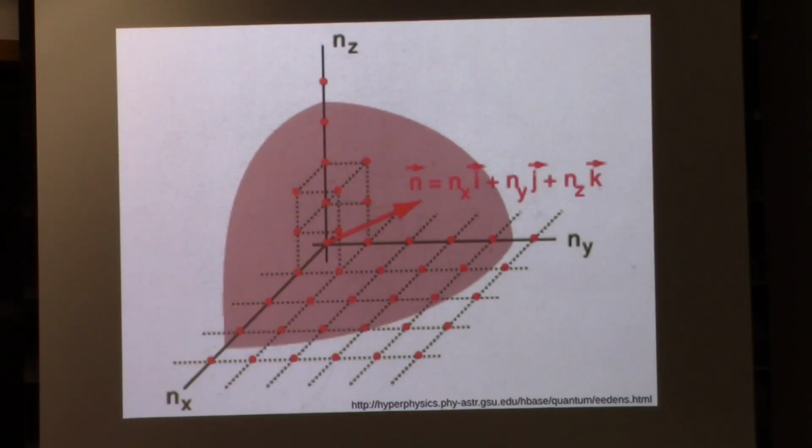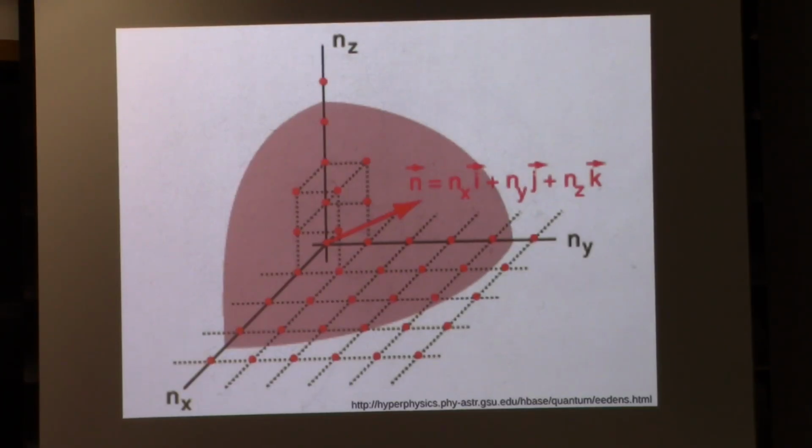You look like you're about to ask a question. Yes. So n determines the length of the vector and n squared determines the energy. So I would say that nx, ny, and nz are the coordinates of the vector. And so for the vector which has those coordinates, the energy is the length squared of that vector times all this other stuff. Okay?